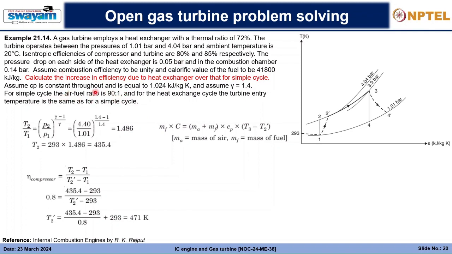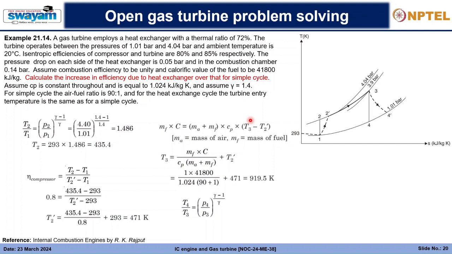The air fuel ratio is given as 90 to 1, so the amount of fuel per kg of air is 1 by 90, and we have been given the calorific value, and we have assumed the mass of air to be 1 kg. T3 will be around 919.5 Kelvin.